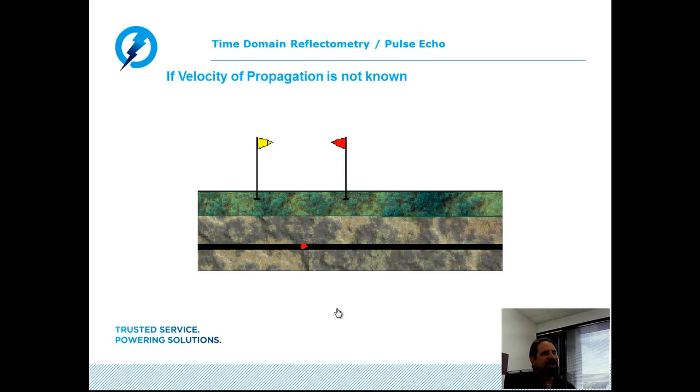If the velocity was set too low, I will undershoot the fault from both sides. The true fault location is going to be between my two markers. If the velocity was set too high, I'm going to overshoot the fault from both sides. Once again, I've bracketed out the true fault location. The fault is going to be between my markers.